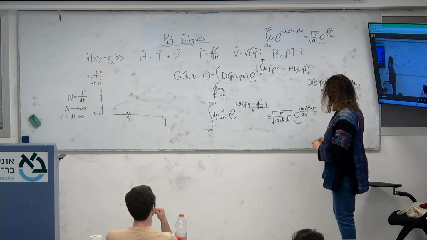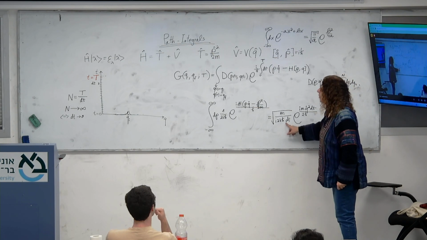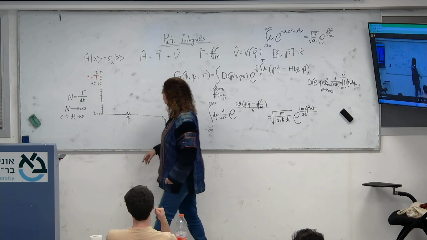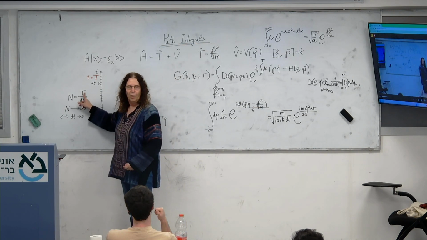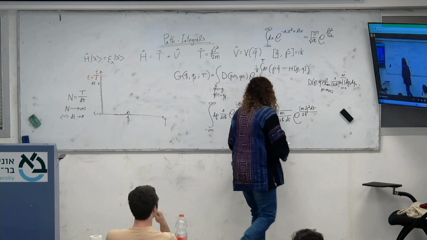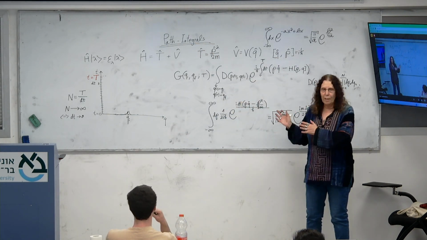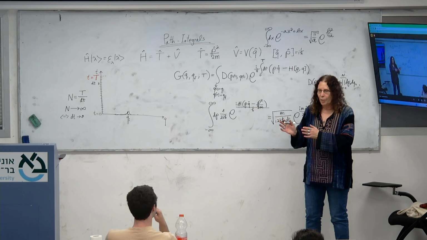Eventually you want to take the limit. If you keep it discrete, then what is dt? It's actually nothing but capital T divided by N, okay? So capital N will appear somewhere. I'll write the final formula soon.